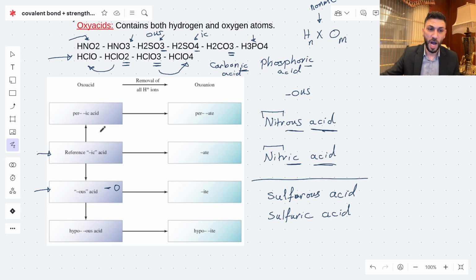But when we add more oxygen to the acid, this formula has more oxygen, so we're going to use per. And then the root of the central atom using IC as a suffix and then acid. So basically this one is going to be perchloric acid. Why do we use per? Because it's higher than the highest oxygen.